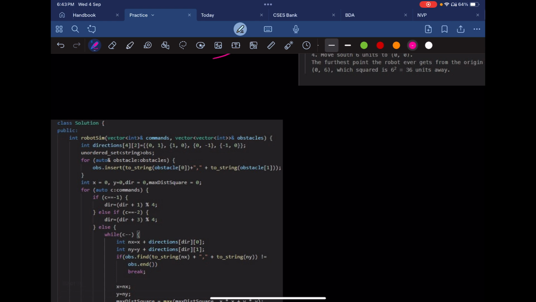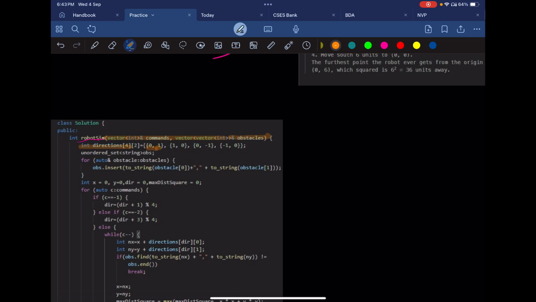We have our rotation function. Okay, let's change the color. We have a routing system where we are passing commands in the form of a vector, and in the form of a vector we are passing obstacles. Now here we are defining the possible directions the robot can face.